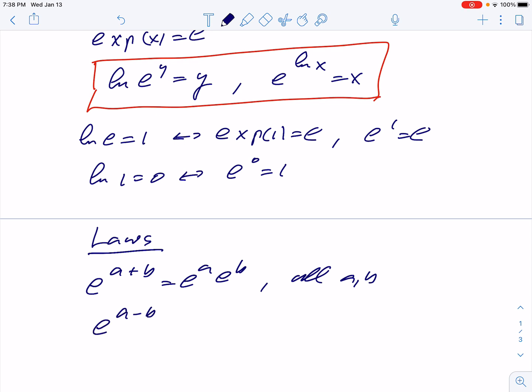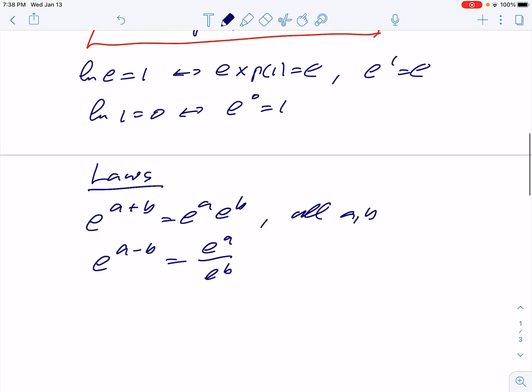Exponential of a minus b is actually the ratio of exponentials. And if you have exponential x to some power, let's say n, this is exponential nx. These result from the properties of the logarithm.